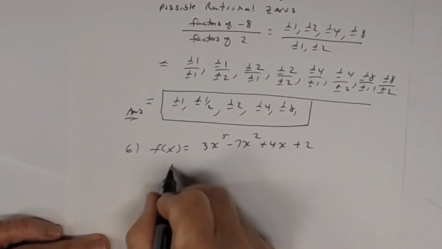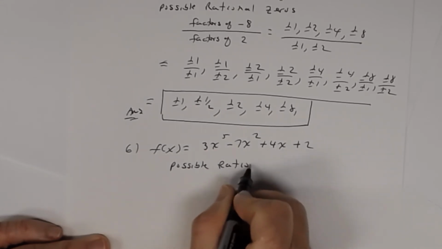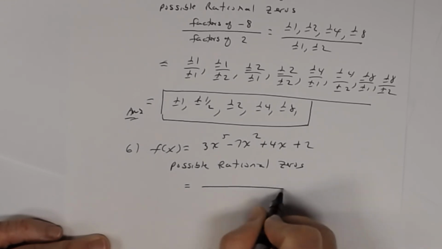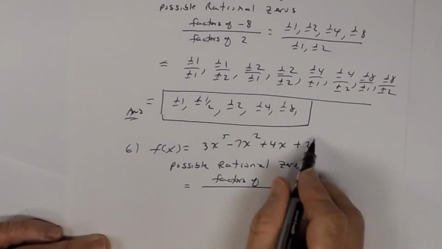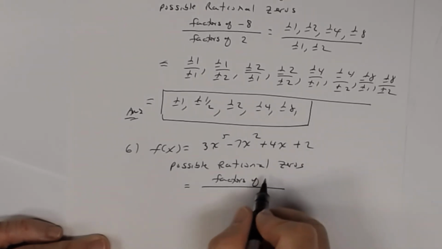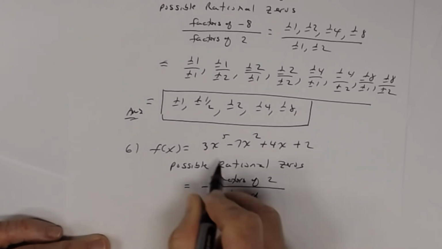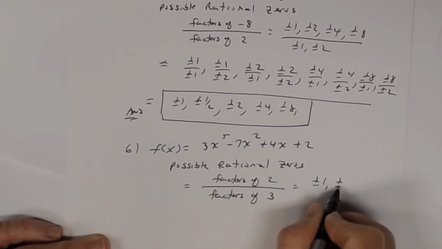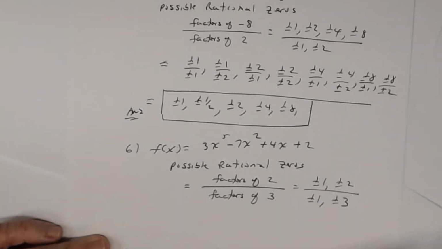So your possible rational zeros will be the factors of your constant term, which is 2, divided by the factors of the leading coefficient, which is 3. So those will be plus or minus 1, plus or minus 2, over here, plus or minus 1, plus or minus 3, right?